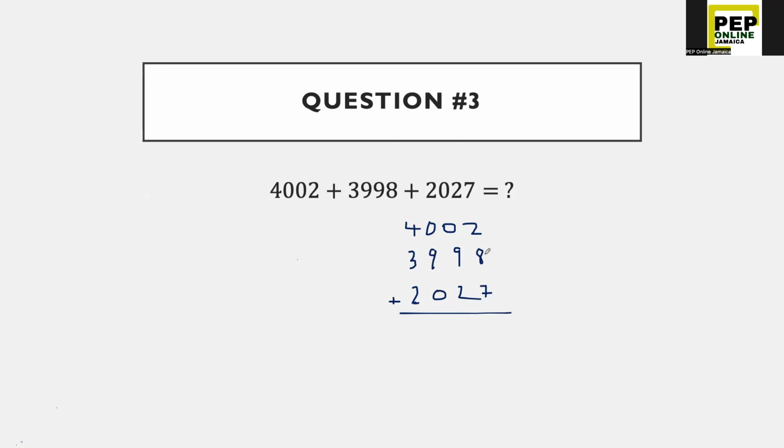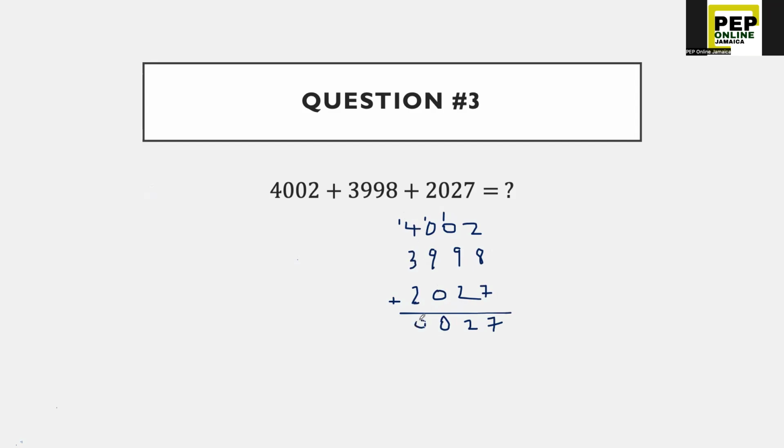7 and 8 will give us 15 plus 2, 17. Put the 7 down, carry 1. 2 and 9 is 11, and 1 makes 12. So you put the 2 and carry 1. 9 plus 0 is 9, plus 1 will give us 10. Put the 0 down, and we carry 1. 2 plus 3 will give you 5. 5 and 3 is 9, and 1, 10.